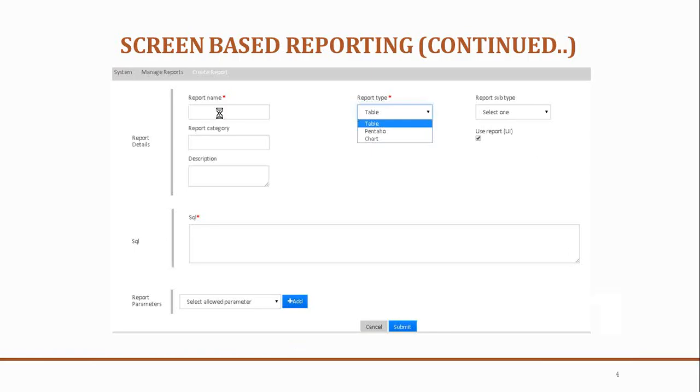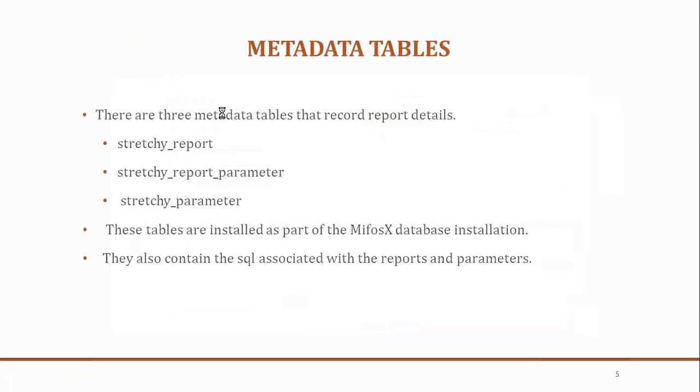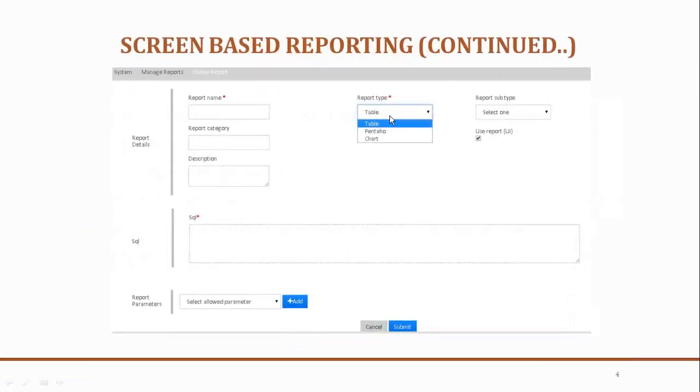Here you give the report name and the report type. You select whether Table, which means screen-based or stretchy reports, or you may select Pentaho reports, or chart reports. If you select a chart report, there is a subtype, where you can select either bar chart or pie chart. Next, you enter the report category, which means what your report belongs to.